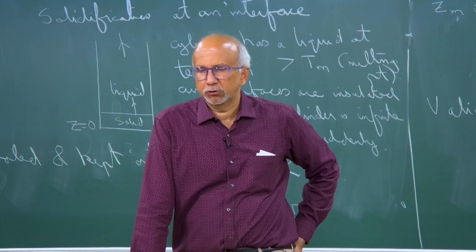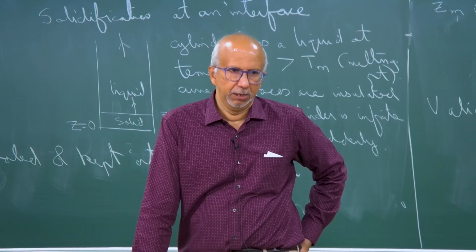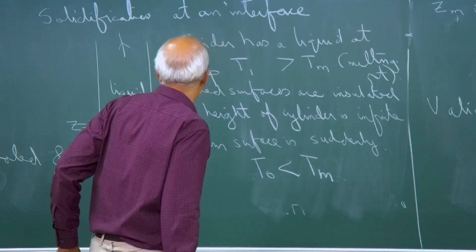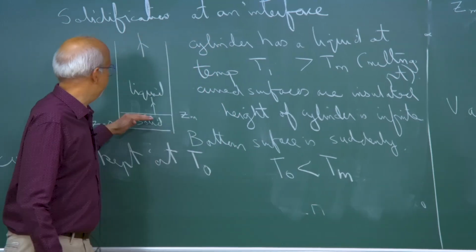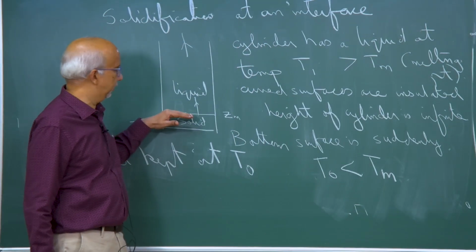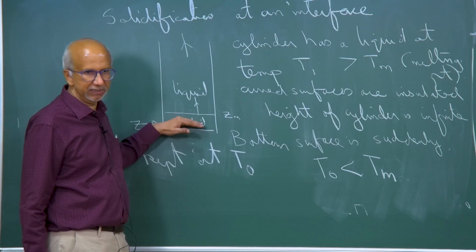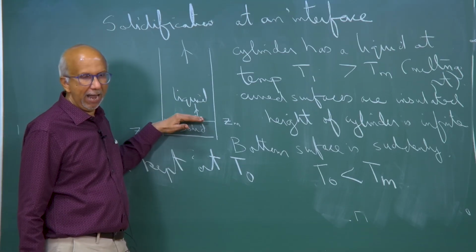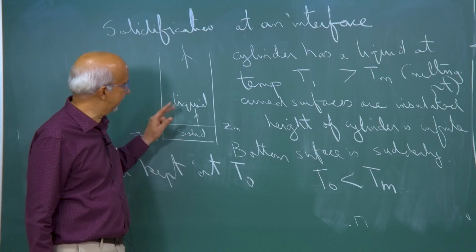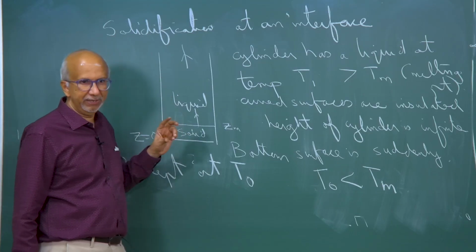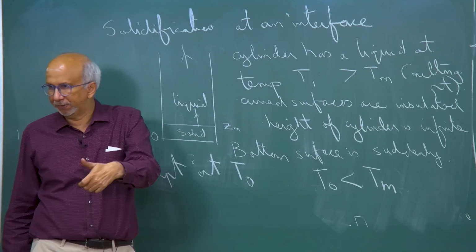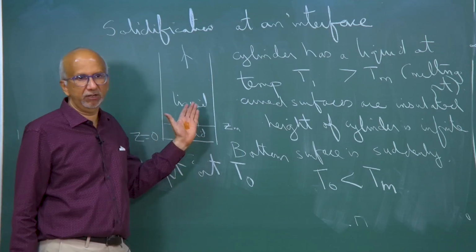Okay. So the density changes, so if you have liquid converting to solid, there is a change in the density, and because there is a change in the density, there is going to be some volume created, and because of which there will be convection.